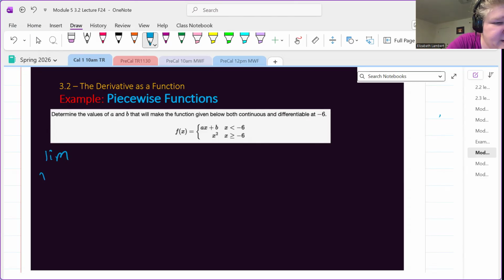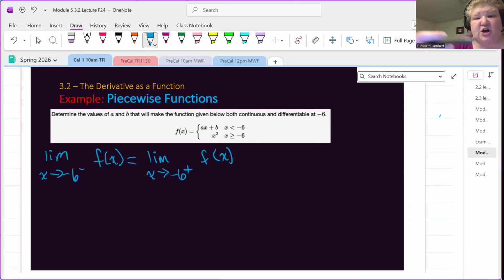So the limit as x approaches, our approach value here, -6 from the left of f of x needs to equal the limit as x approaches -6 from the right of f of x. Now our left and right sides are determined by the inequalities in our piecewise function. So our left side, where x is less than -6, is going to be the function ax plus b.